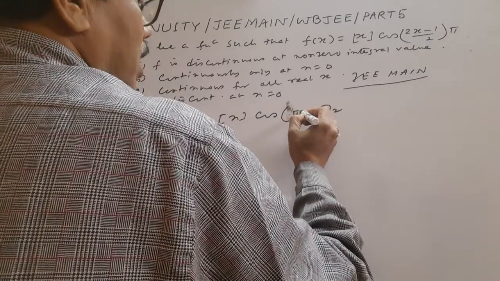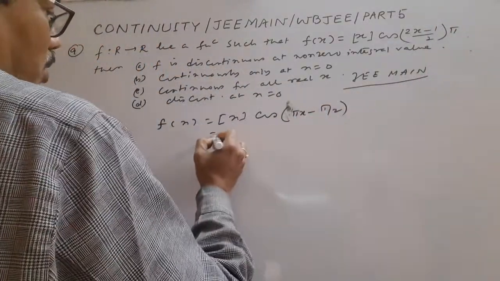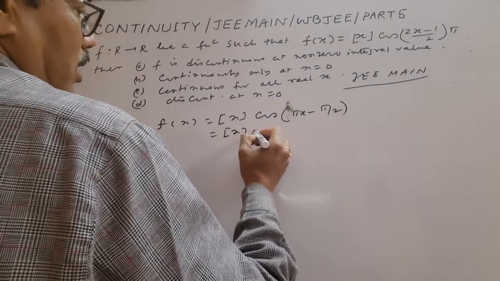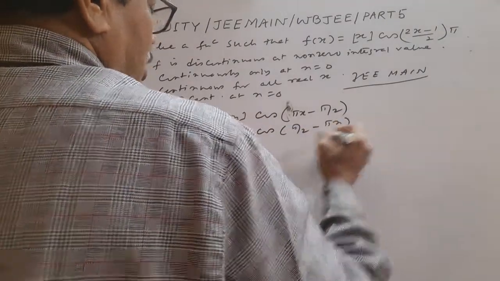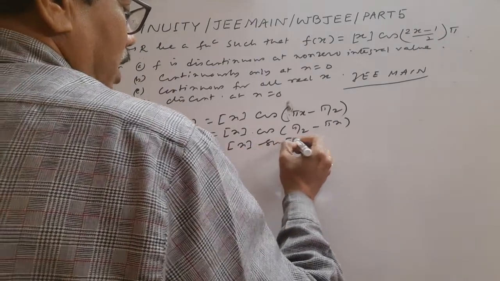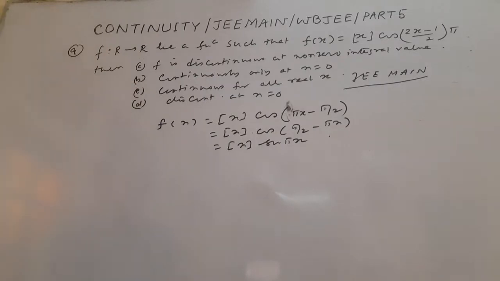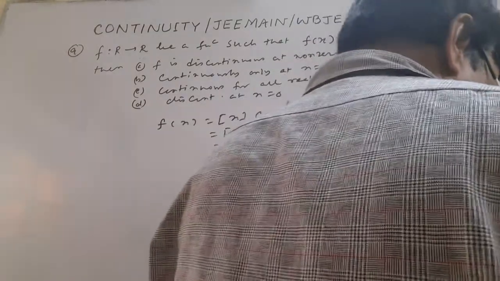So pi x minus pi by 2. So third bracket x cos pi by 2 minus pi x. So third bracket x, this is sin pi x.